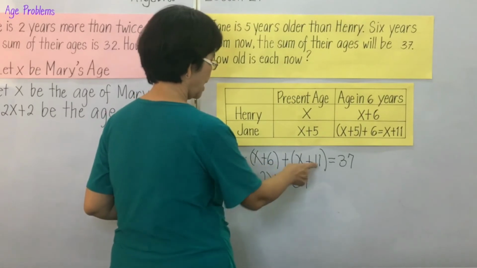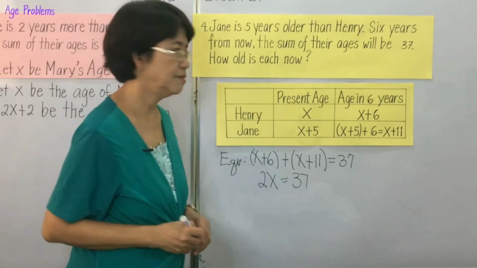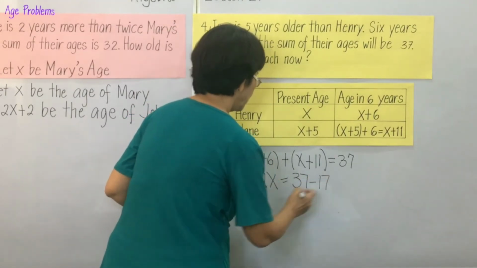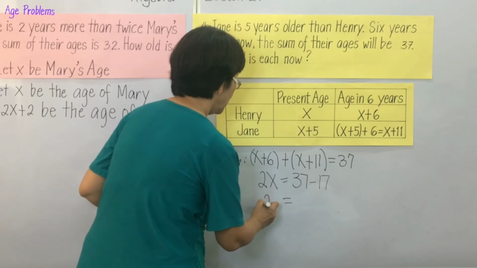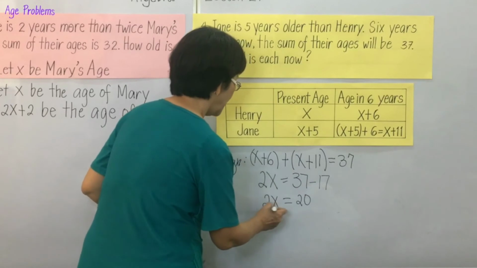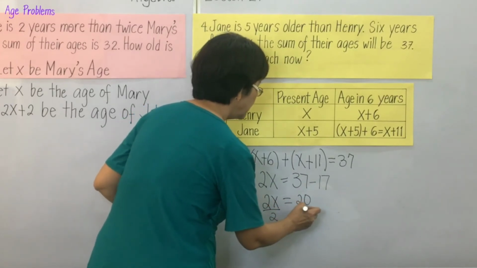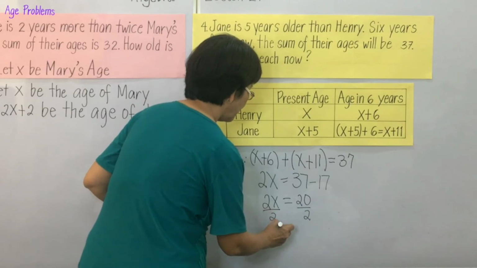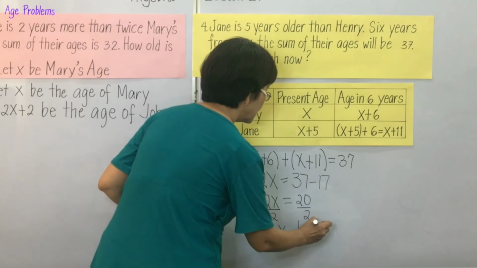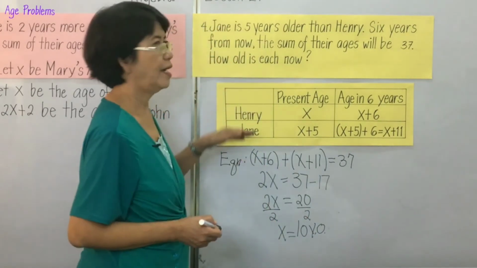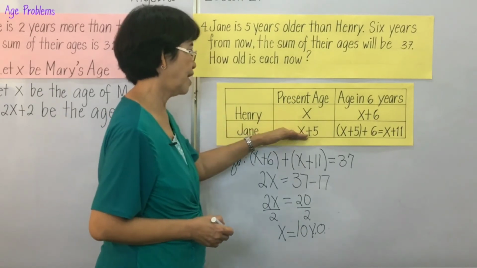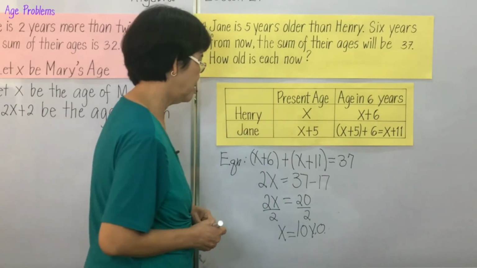Then we add 6 and 11, we have 17, and subtract it from 37. So we have 2x is equal to 20, and divide both sides by 2. We have x equals 10 years old. Henry is 10 years old, and Jane is x plus 5, or 15 years old.